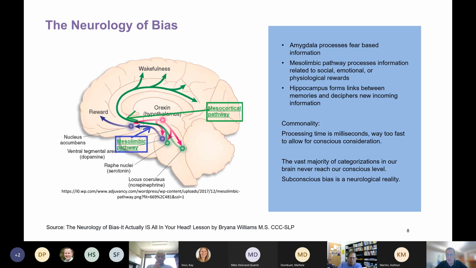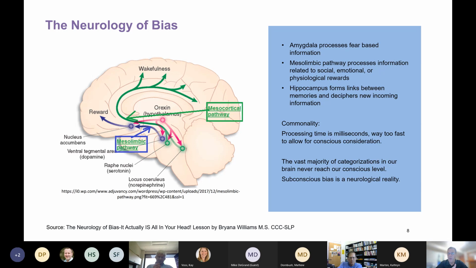It processes the fear-based information. It is part of the older part of our brain, the subcortex. The mesolimbic pathway processes information related to social, emotional, or physiological rewards. And then there's the hippocampus that forms links between memories and deciphers new incoming information.